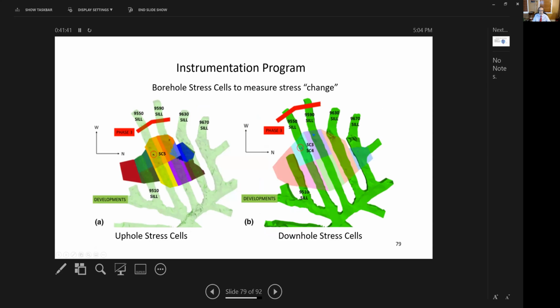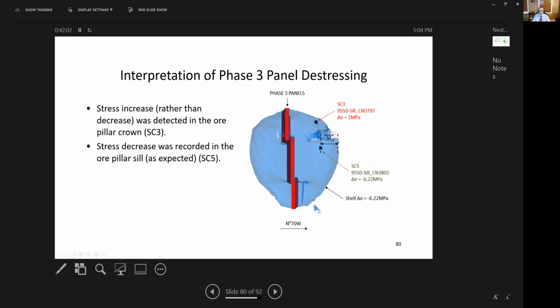Like what was done in phases 1 and 2, stress cells were installed, also some uphole and some downholes. So one stress cell was uphole, and stress cells 3 and 4 were downhole. So 1 in the crown and 2 in the sill.